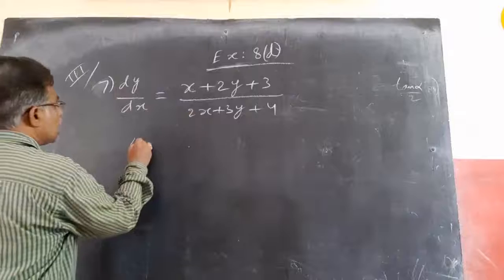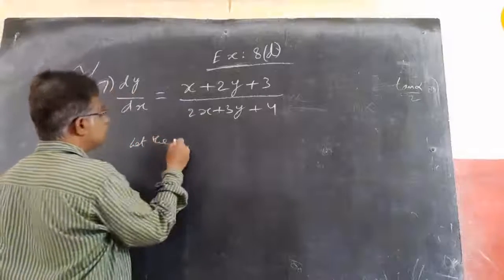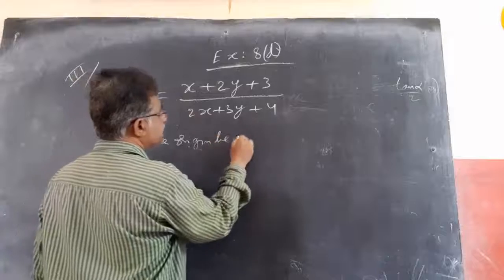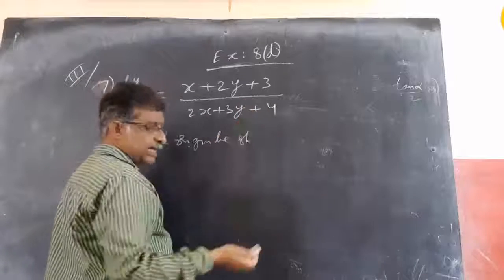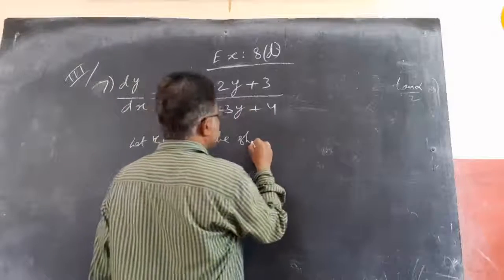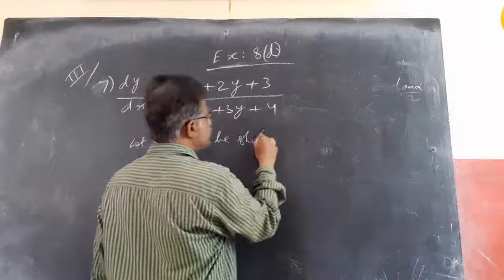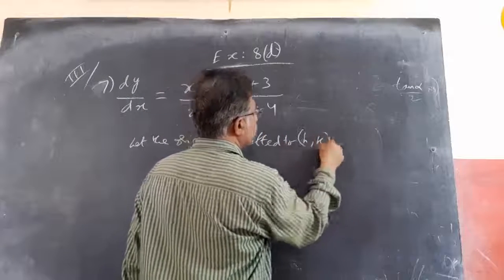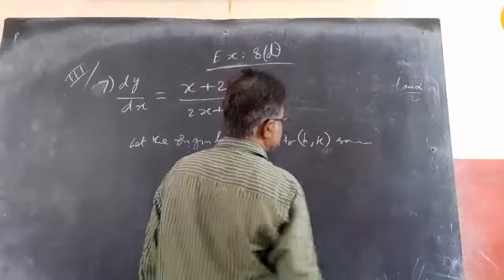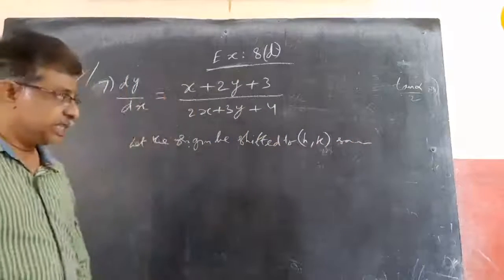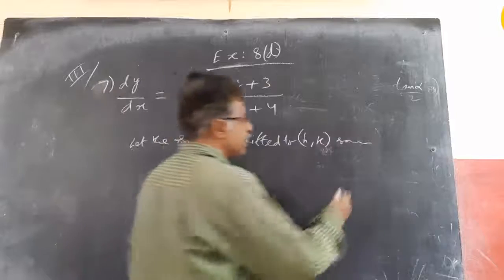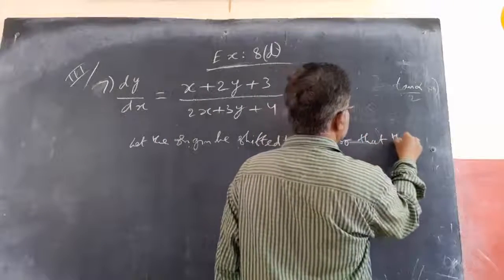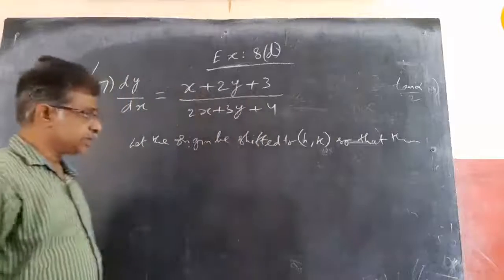Let the origin be shifted to h comma k, because these two are two separate lines, so that the equation is converted into homogeneous.